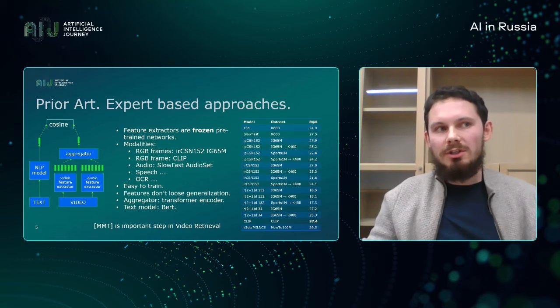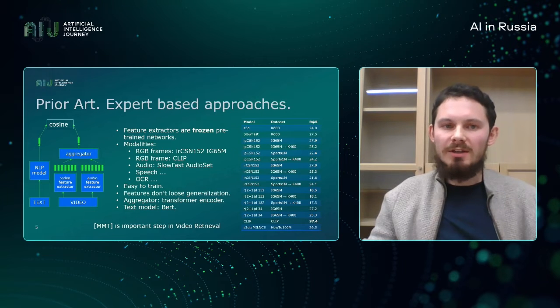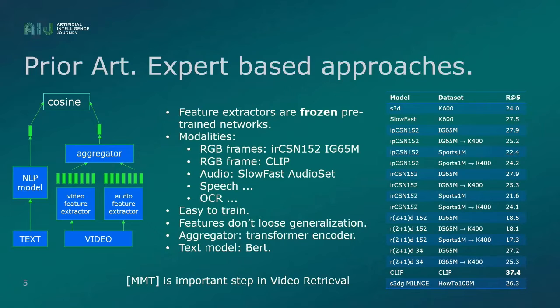At this stage, the community has two dominating approaches to this problem. The first is expert-based, the second is end-to-end training. An expert is a pre-trained neural network, which is not trained in our procedure. It has prior experience.